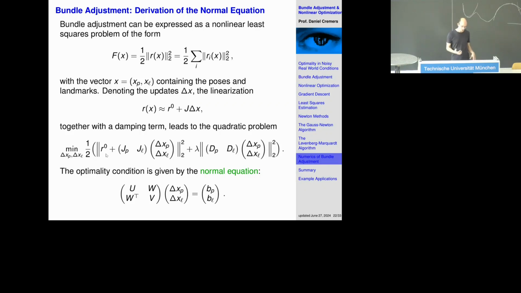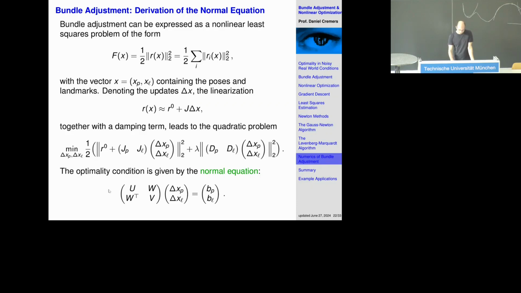And once you have a quadratic loss function, the minimality condition is a linear equation system of this form, with some matrix like this one, and then the updates in landmarks and poses of the camera, and then some constant vector b. And all of these can be computed, and then you can compute the update vector delta x, delta xp and delta xl by inverting this matrix.